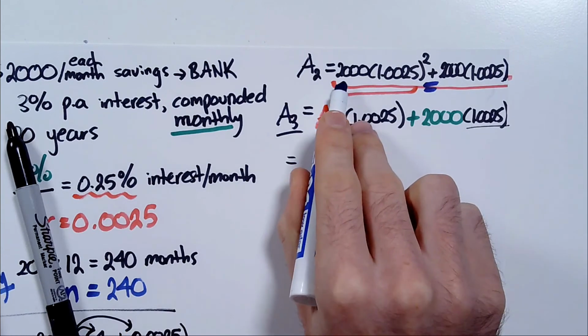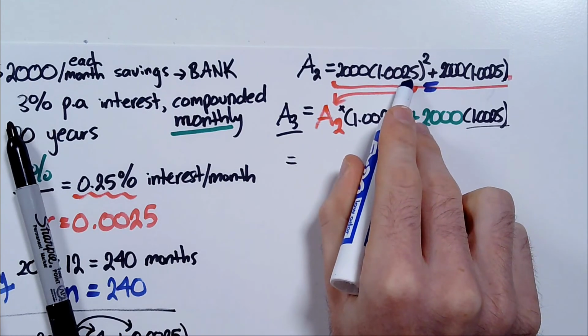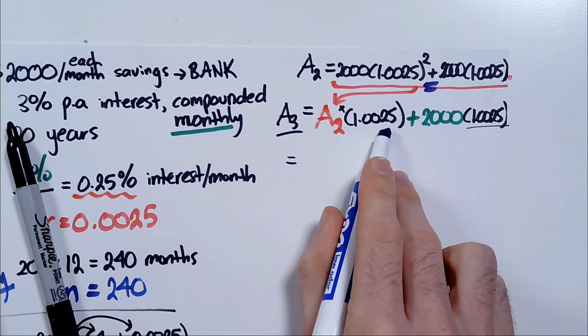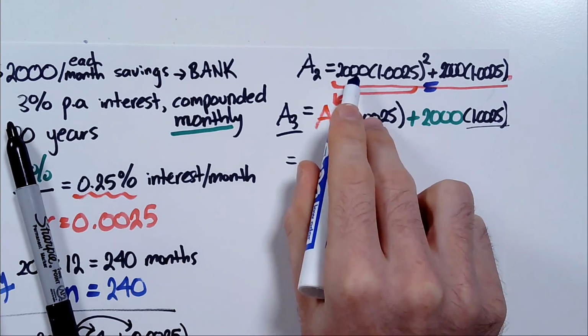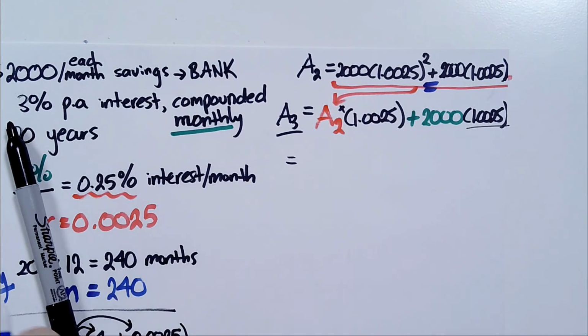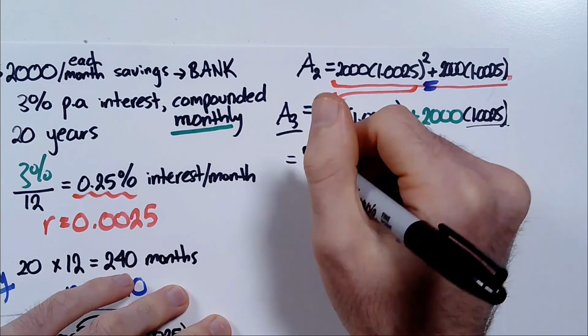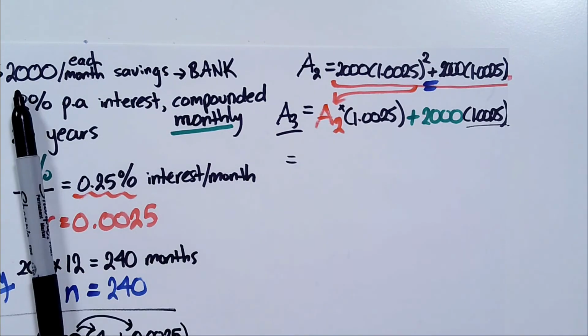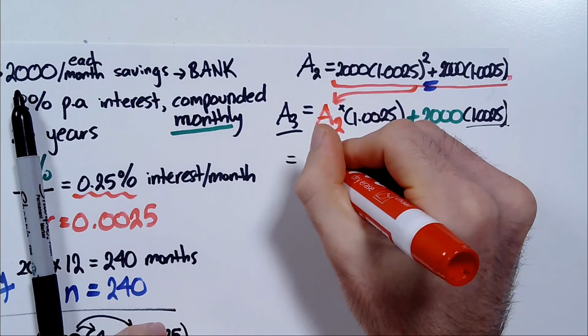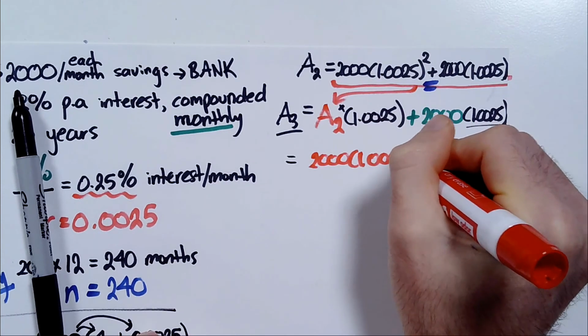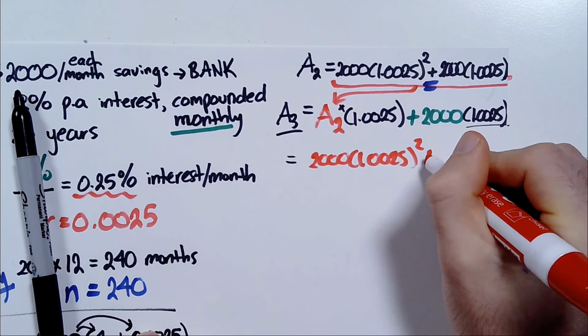Now, if I multiply 2,000 and then this bracket by that bracket, so I'm applying 1.0025, I'm multiplying these by that, and I'll just write it out so it's very clear. So A2 is the same as this expression. Here is A2.